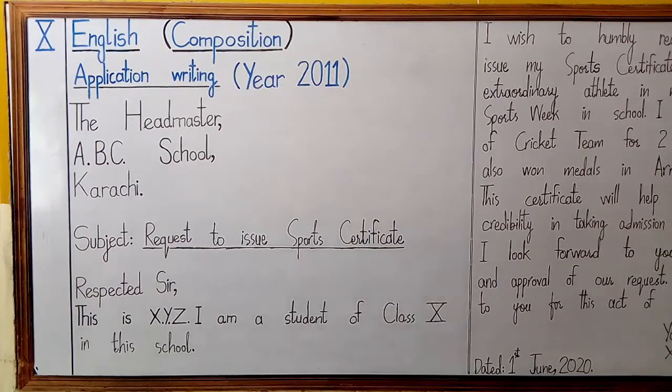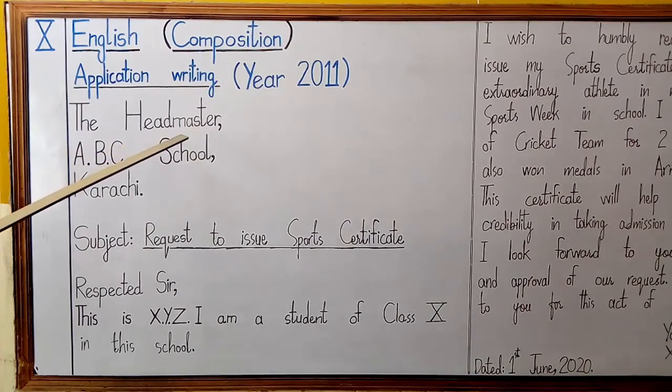Remember, I told you that you have to avoid punctuation mistakes and the common mistakes made by the students. In that, you have to take care of commas and full stops, capitalization, and spellings.